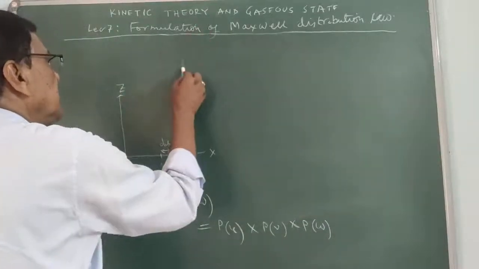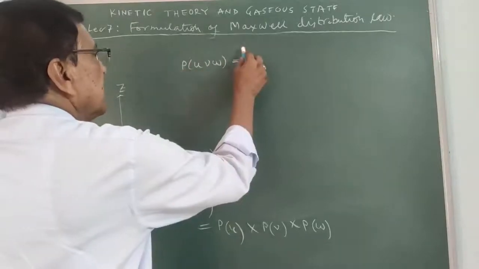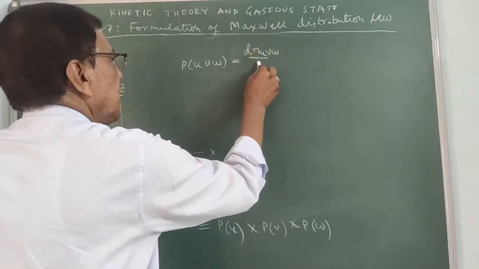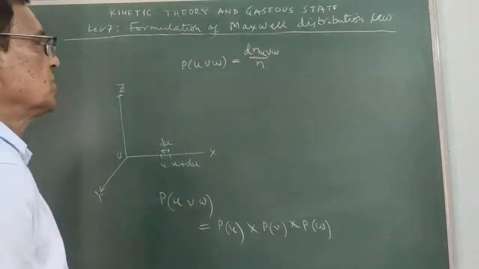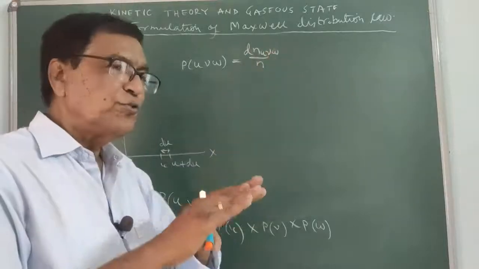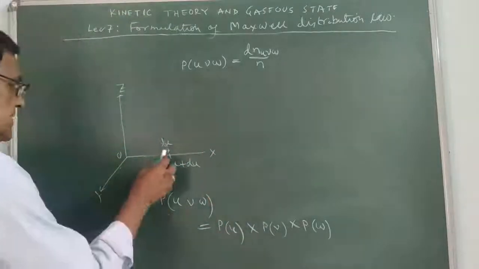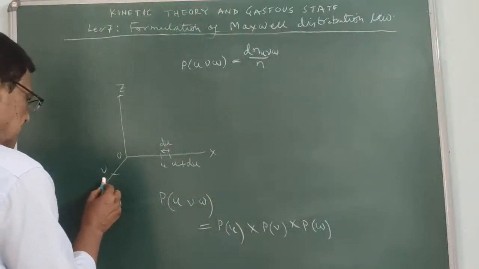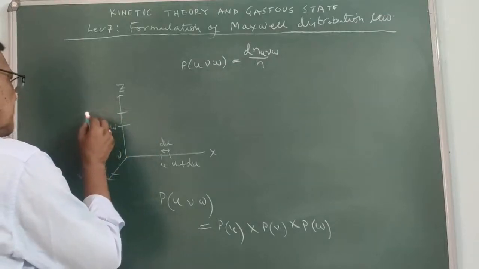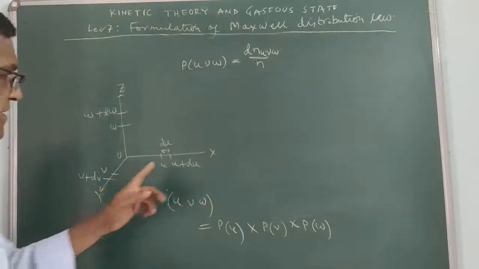So P(u,v,w) equals dn(u,v,w) divided by N, the fraction of the molecules, or the probability of a molecule to have this velocity u, v, w within the range du, dv and dw. Here the range is v to v plus dv, and w to w plus dw. dw is the range, dv is the range, du is the range.